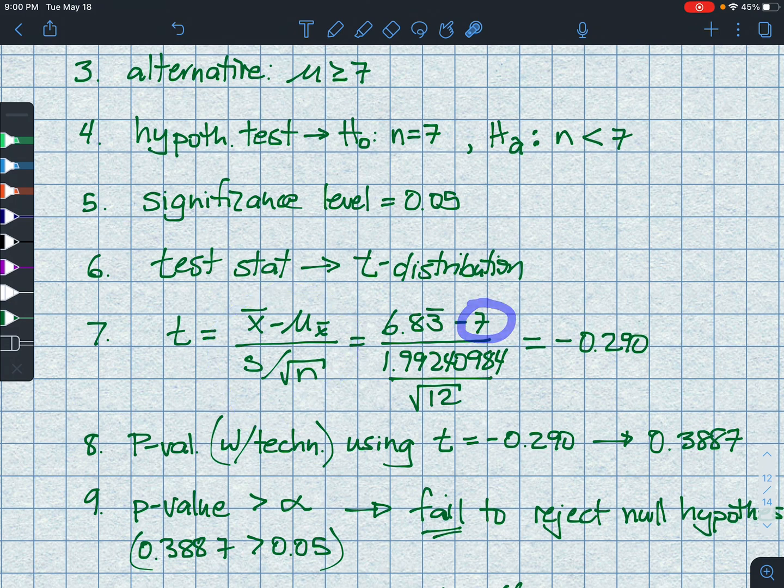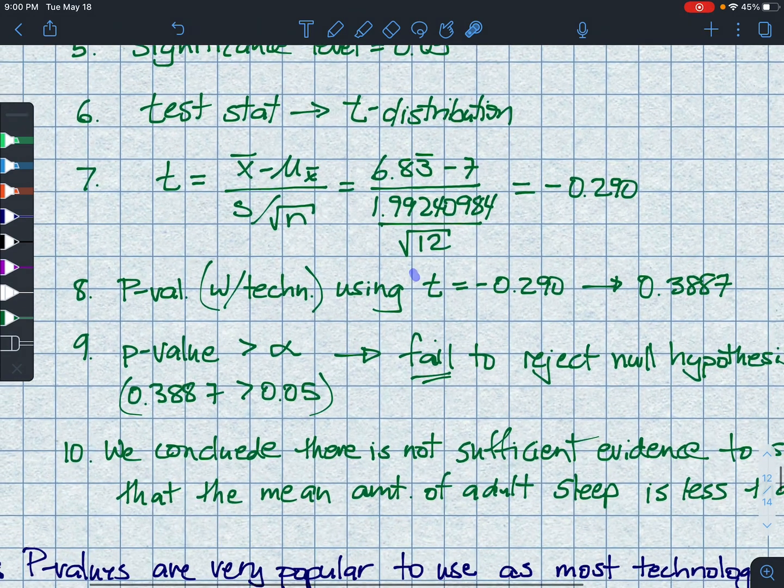Notice we are using 7 as our disputed, our claimed mu. And this generates a t-value of negative 0.290. So we're doing a left-tailed test.